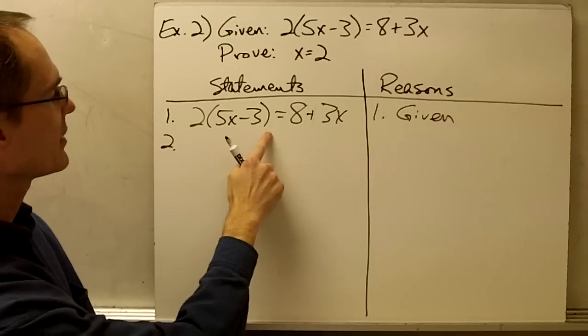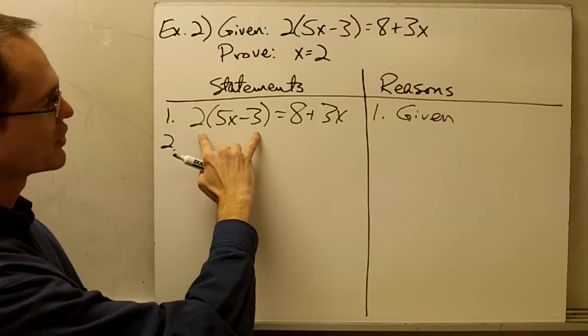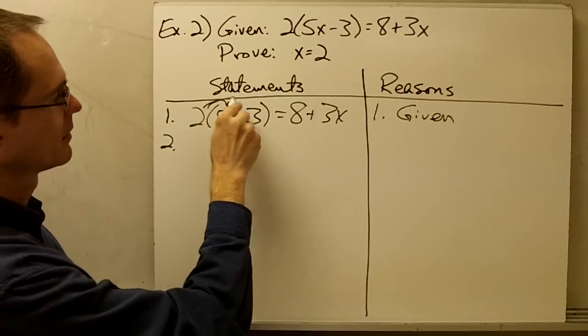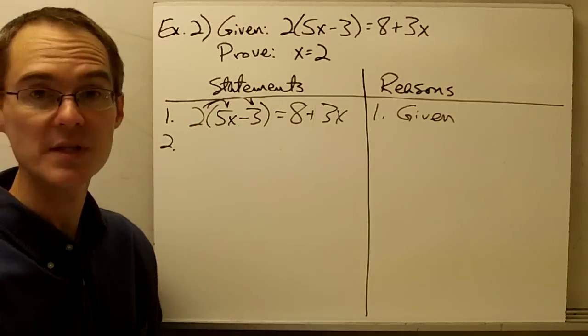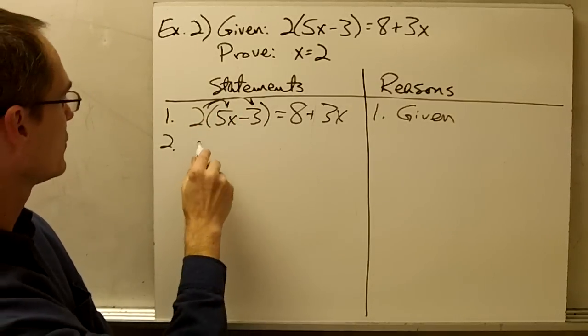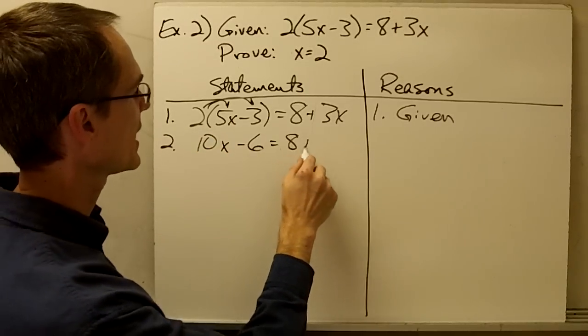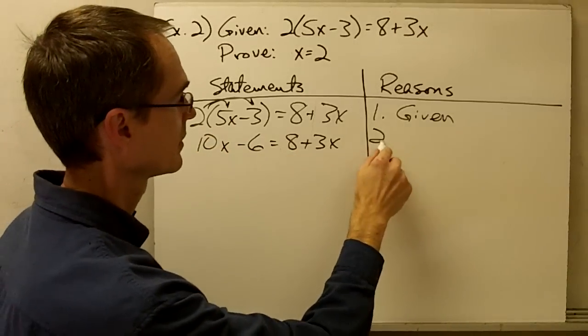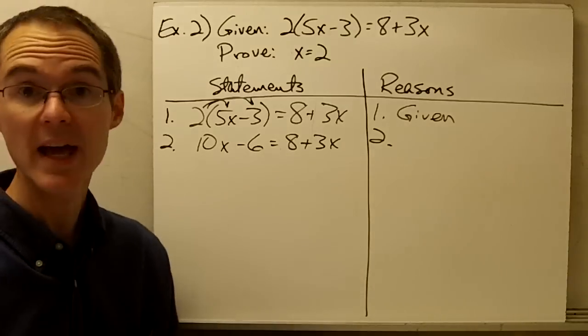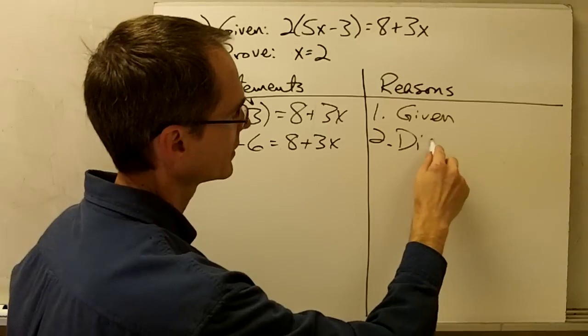Now the first thing I want to do here is use my distributive property so I can get rid of my parentheses. If I distribute my 2 through here, that's going to give me 10x minus 6 equals 8 plus 3x. And the reason I know I can do that is the distributive property of equality.